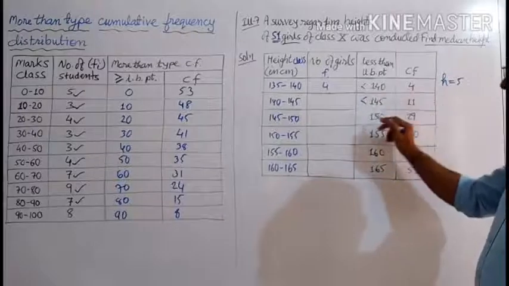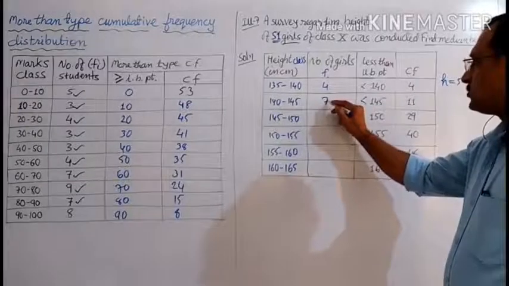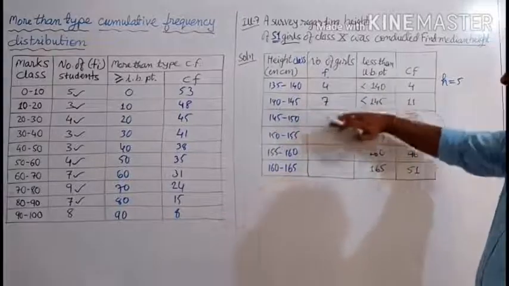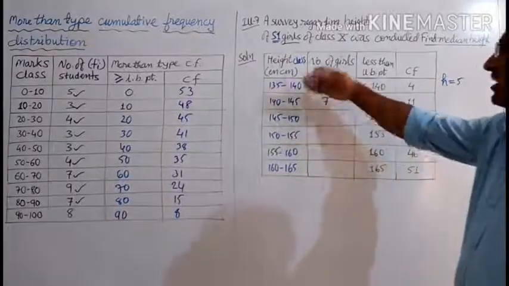So 11 minus 4, here you will get 7. Total 11 students have height less than 145, out of that 4 have less than 140.